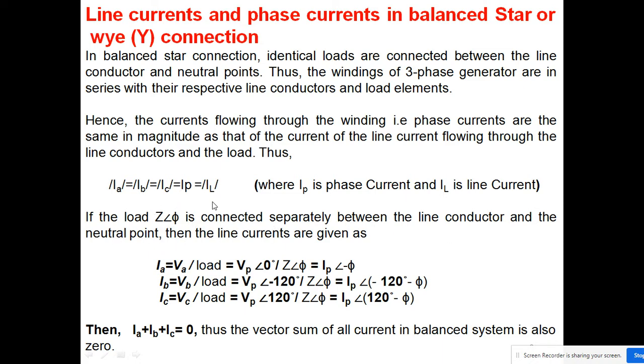From this I can calculate the current, the line current or the phase current, both are equal here. You put this value here, then divide by the load impedance, and you get these values.